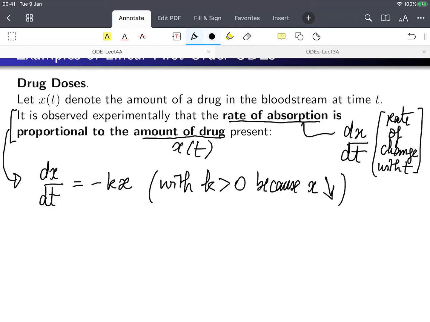So if I put k positive, then with a minus, I do get a decrease. Okay, well, that's it. We know how to solve this. We could do separation of variables, we could do the integrating factor method. We just write it directly because we remember it now, that the solution is going to be x0 exponential minus kt.